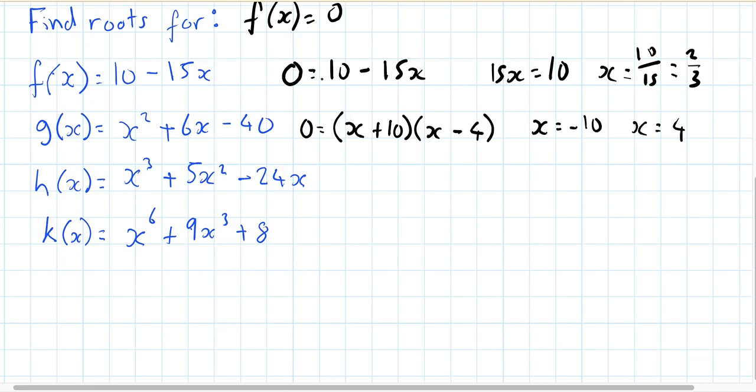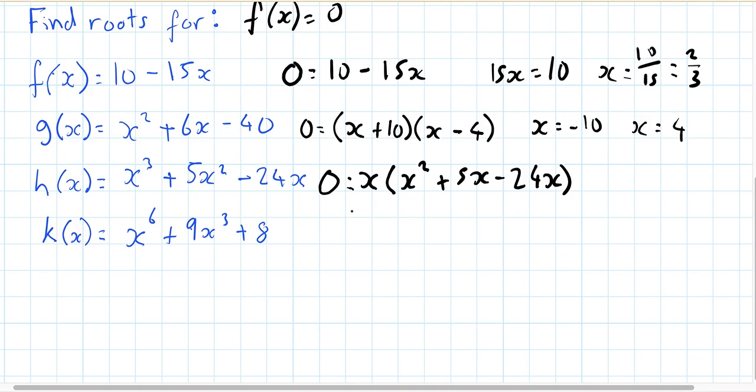For this question, again, 0 equals x cubed plus 5x squared minus 24x. All terms have x, so I'm going to straight away factorize that out. So we have x times x squared plus 5x minus 24 equals 0.